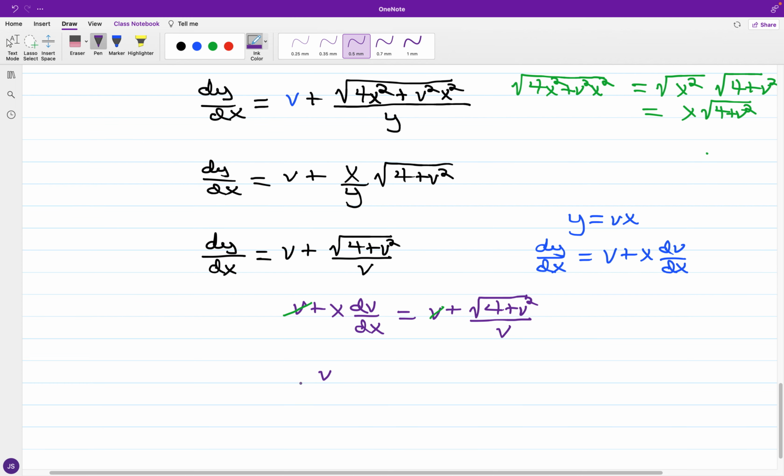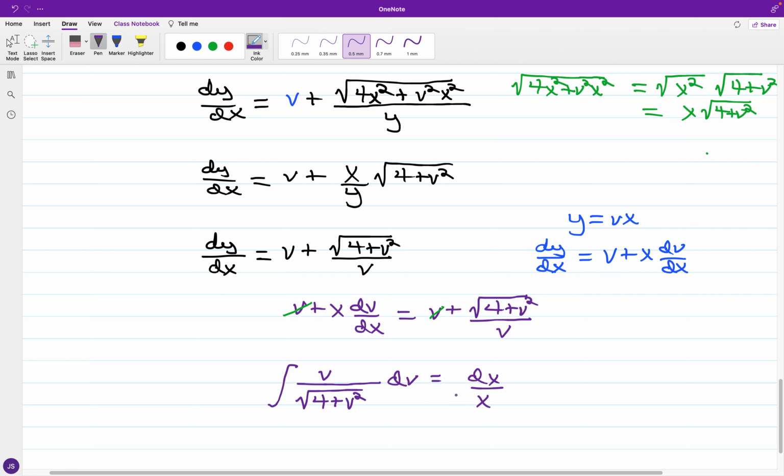Okay, so you have v over the square root of 4 plus v squared dv is equal to dx over x.